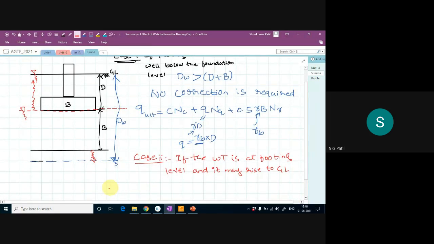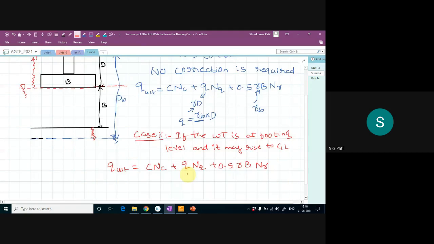Then what changes can you expect? Let me write the original equation: Q ultimate is equal to C N_C plus Q N_Q plus 0.5 gamma B N gamma.